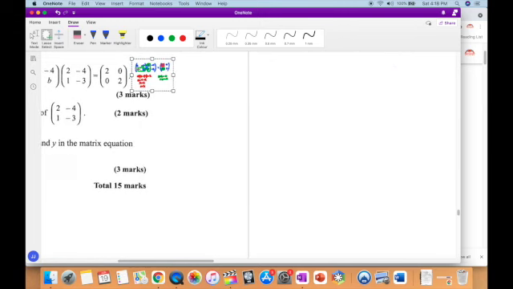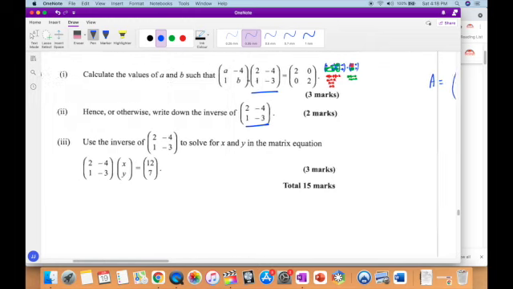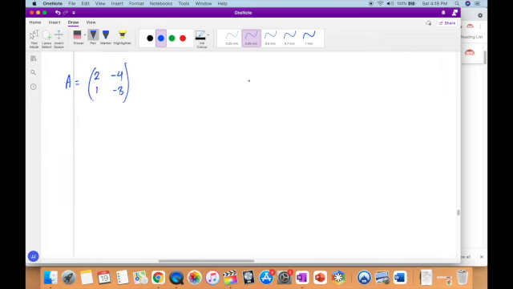I want you to notice that this and this is the same. So they're asking me for the inverse of that matrix: 2, -4, 1, -3. Let's call it matrix A, because they didn't give us any name for the matrix, which is very bad manners.